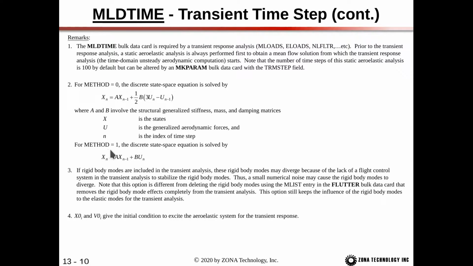For method equals 1, then we use this equation for the discrete state space equation. So method equals 0 is the default. And then why would you want to set the modes to 0? If the rigid body modes are included in the transient analysis, the rigid body modes may diverge.